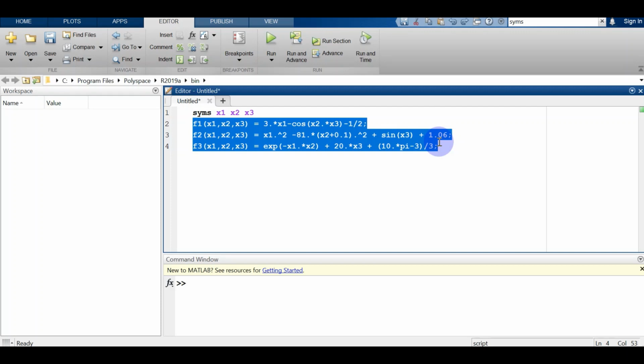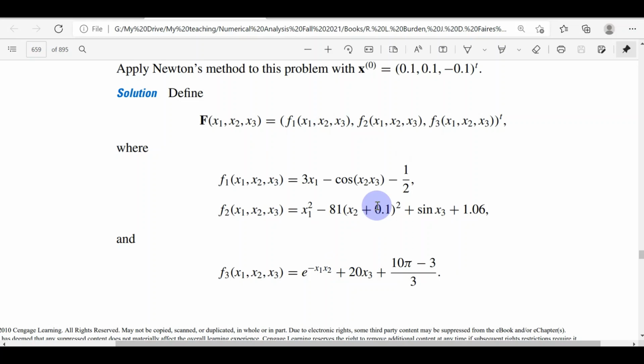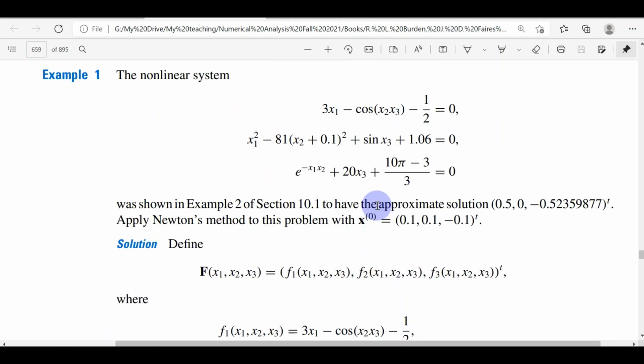So I have three variables involved in my three nonlinear functions. I'm introducing the functions f1, f2 and f3. All three functions depend on x1, x2 and x3, and I wrote the functions on the right hand side just like they were in the question.